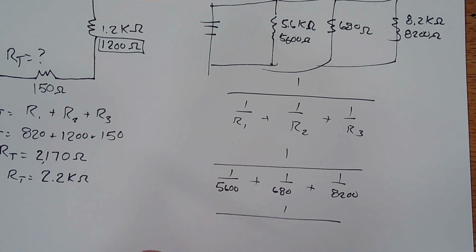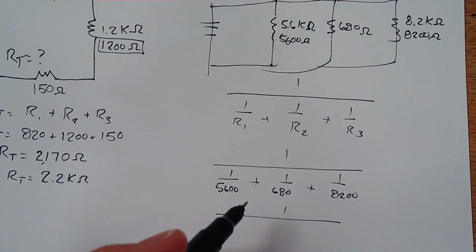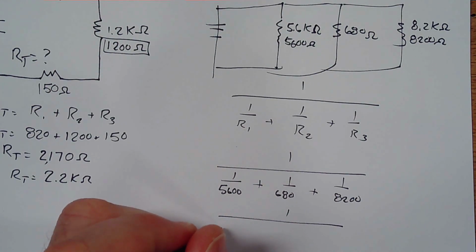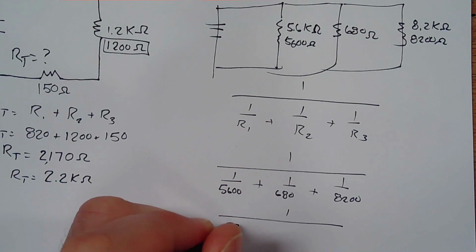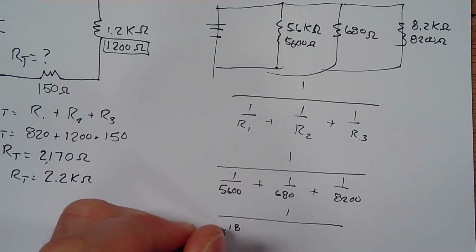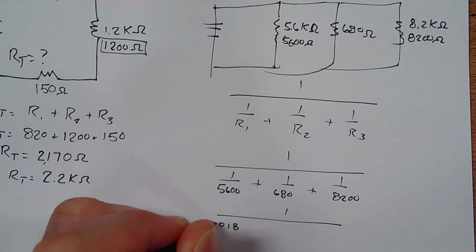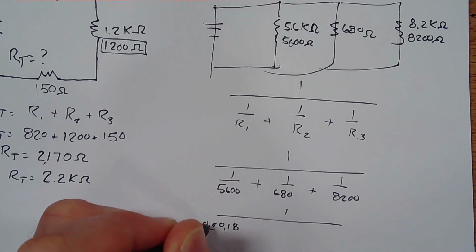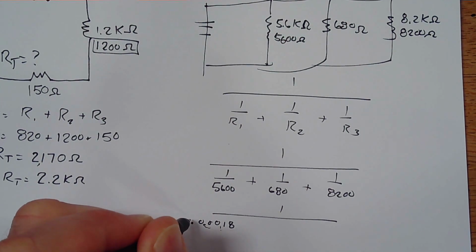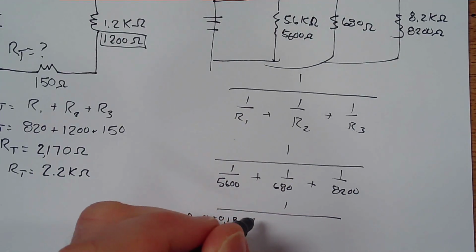1 divided by 5600. That gets us to 1.8 times 10 to the -4, so 0.00018.